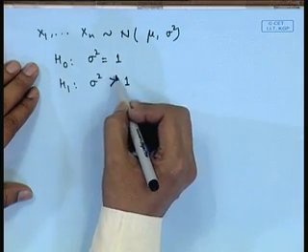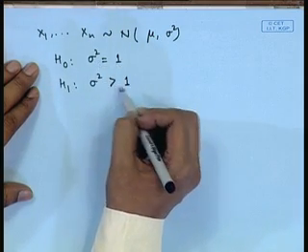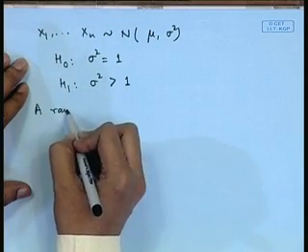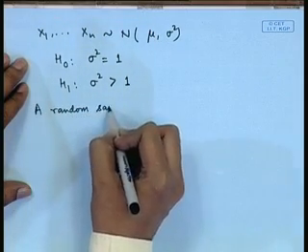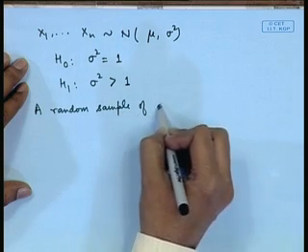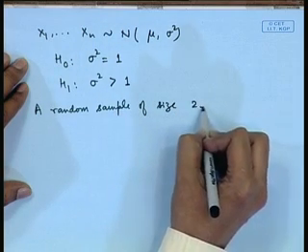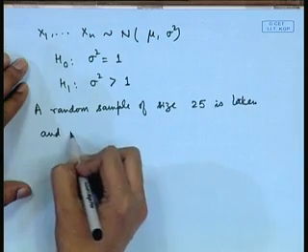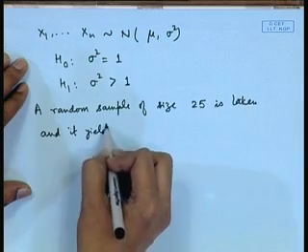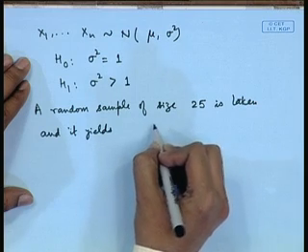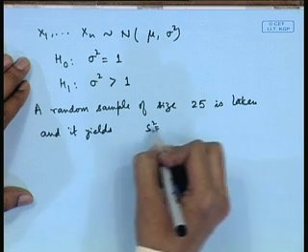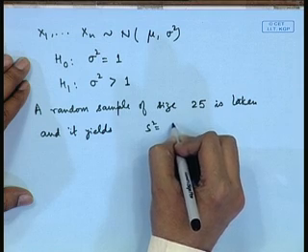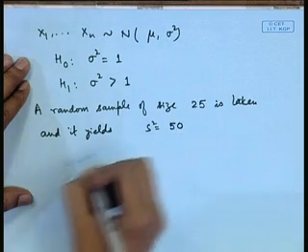So, we want to test the hypothesis whether sigma square is equal to 1 against sigma square is greater than 1. A random sample of size 25 is taken and it yields S square equal to, say, 50.